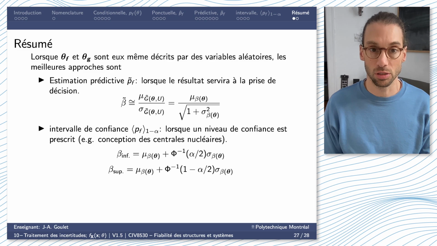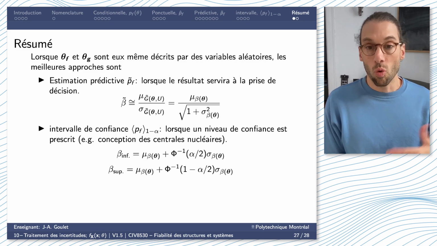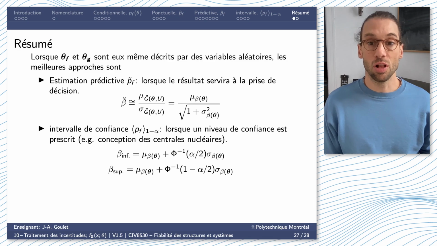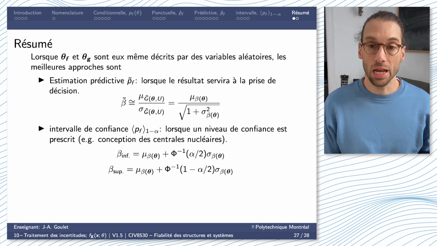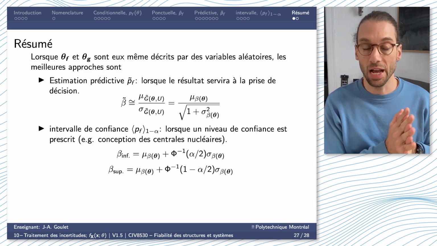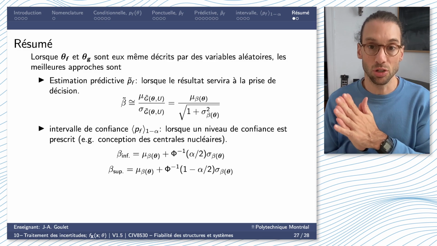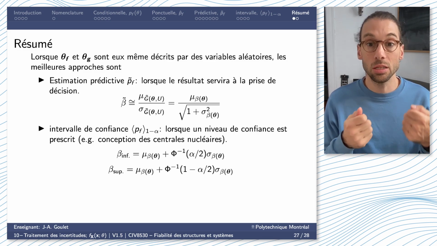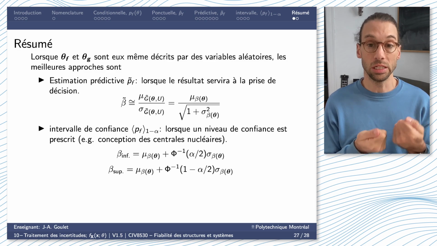of confidence. So when the parameters involved in our reliability analysis, okay, so all the theta involved either in a joint probability density f of x or in a limit state function g, are themselves uncertain, we need to describe those using probability densities themselves.